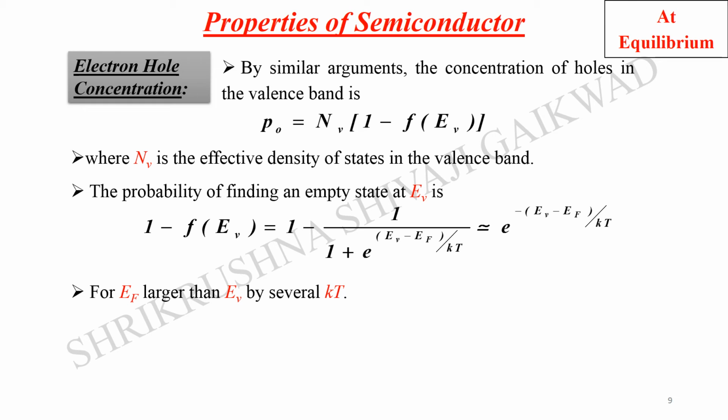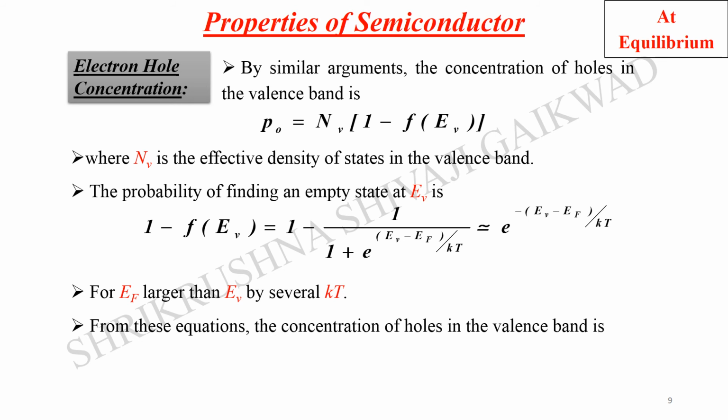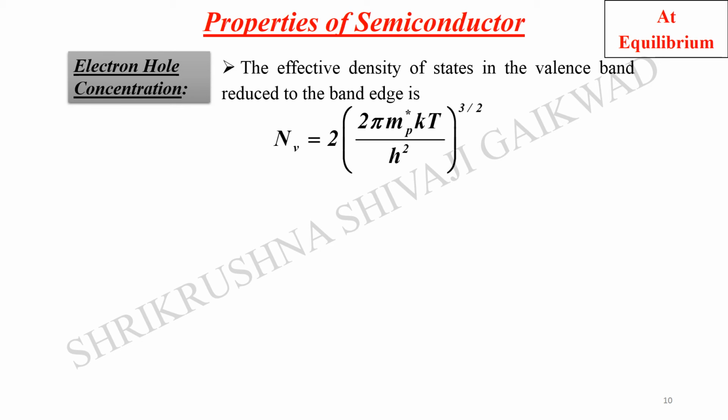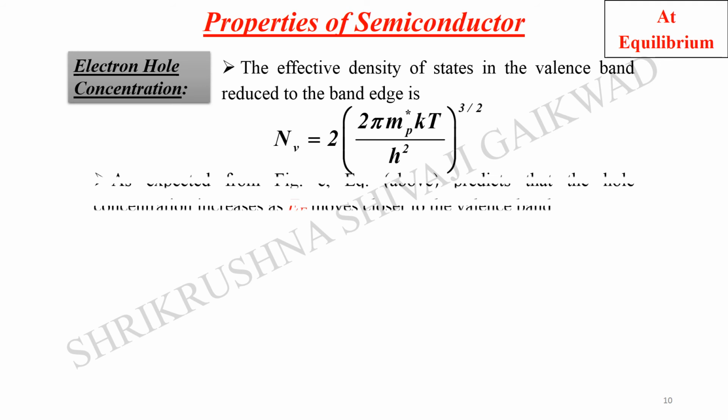This holds for E_F larger than E_V by several times kT. From these equations, the concentration of holes in the valence band is given by p0 equal to N_V times the exponential of minus (E_F minus E_V) by kT. The effective density of states in the valence band is reduced to the band edge, and N_V is equal to 2 times (2 pi m_p star kT by h squared) raised to 3/2.